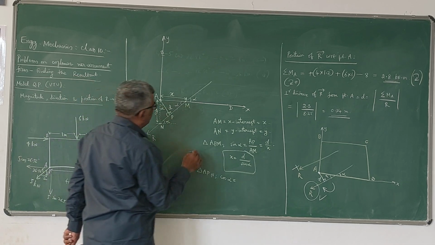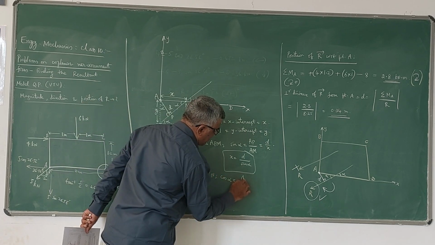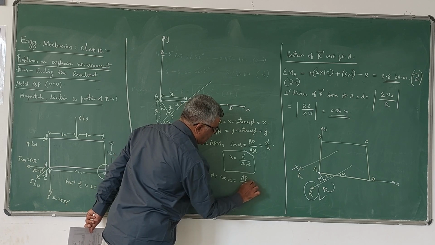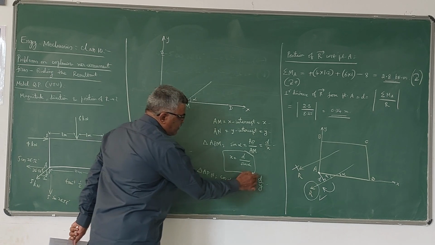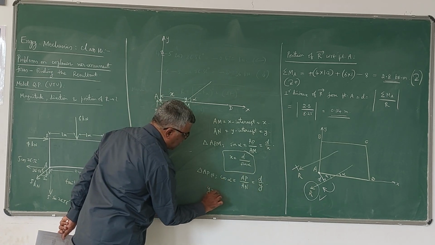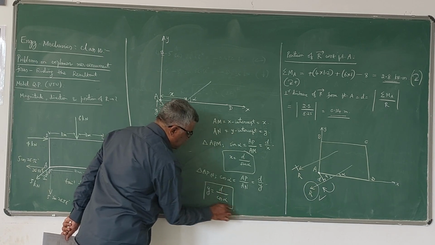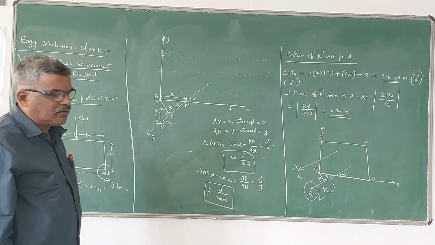So cos alpha will be, on similar lines, AP divided by AN, adjacent side by hypotenuse. So here also it is D by y. Therefore cos alpha is D by y, so y is equal to D divided by cos alpha. Using these two expressions, we can find the x-intercept and y-intercept.